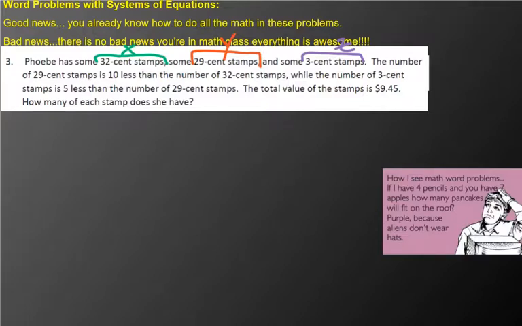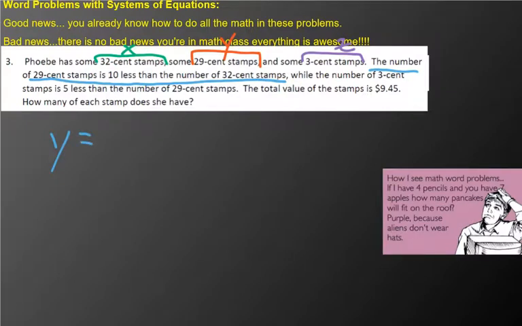And now we can turn this complete statement into an equation. We know that the number of 29-cent stamps, which is Y, is 10 less than the number of 32-cent stamps. So the word is gives me an equal sign.